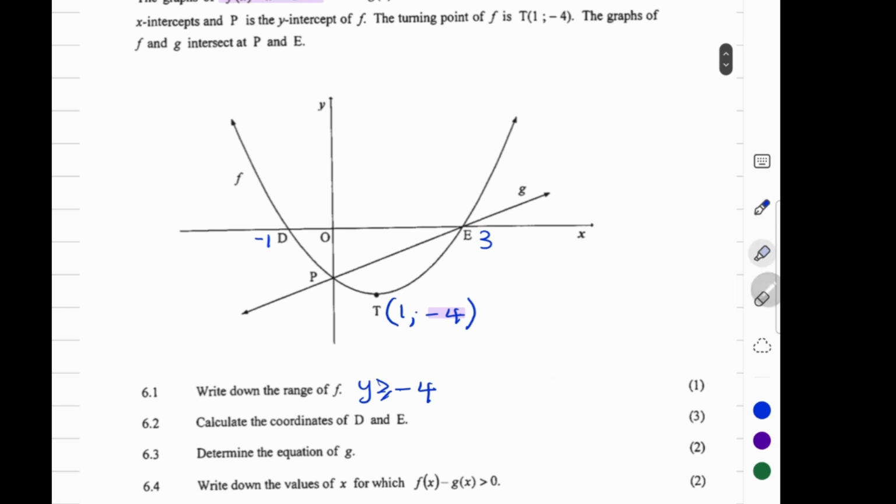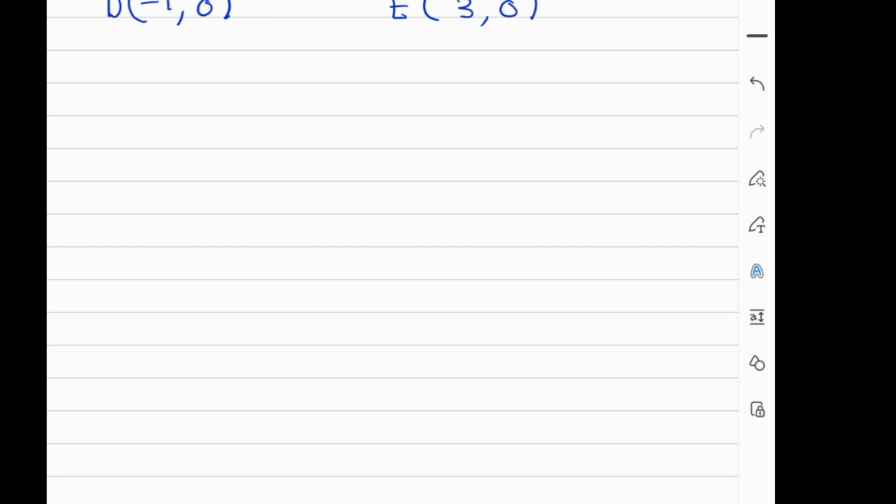The equation of this straight line here. Now remember that the equation of a straight line is given by y = mx + c. So we need to determine the gradient, and to determine the gradient of a line we need 2 points, and we also need to determine the y-intercept.